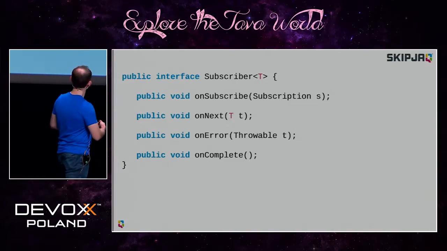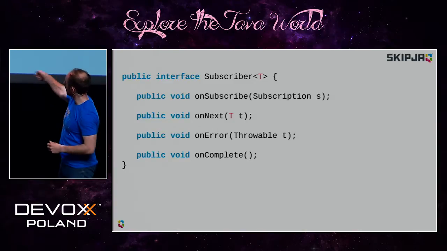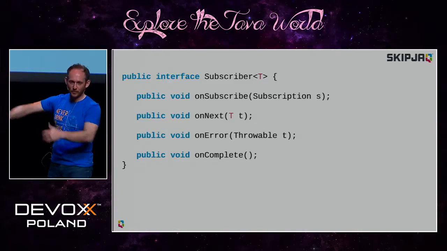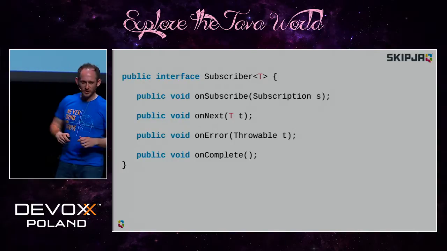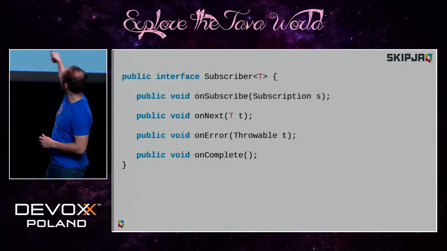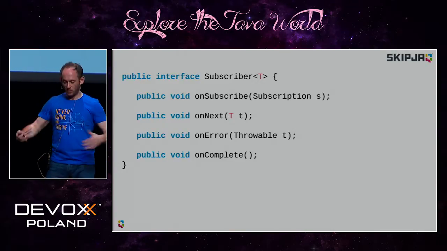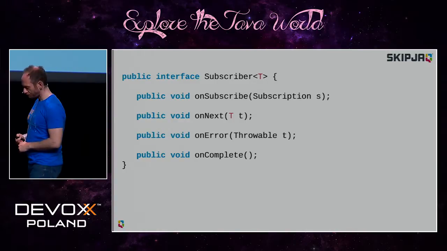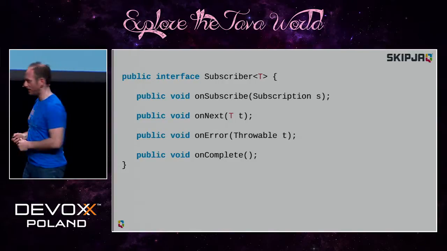So obviously you need to be able to consume the data, which is the onNext. So every time you get a new thing from the publisher, your subscriber gets called onNext. And it's usually quite handy to know when you're starting, when your first message is about to arrive. And you can hold this subscription to do interesting things, and we'll see that next.